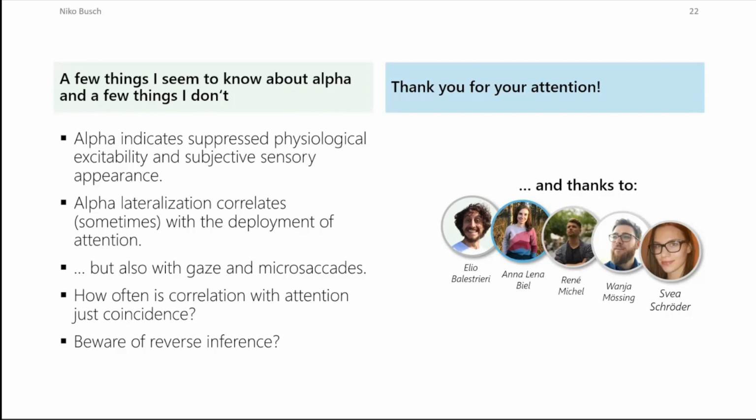Thank you very much for the very nice talk and data. My first question actually refers to the last part of your talk, but I would also have one for this IOR thing, maybe at a later point. What you've shown there, and I really follow this reasoning, is that alpha lateralization is not so much about the selective storage of information in working memory.